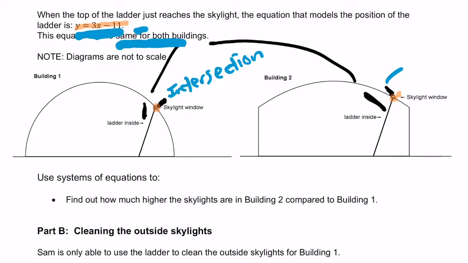Now you have to use the y value, because that's the height, minus the y value in building 2 minus the y value in building 1.